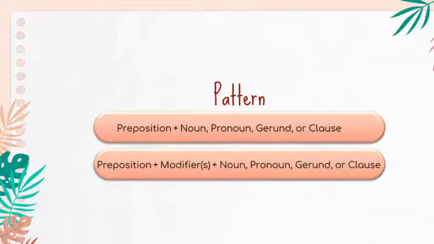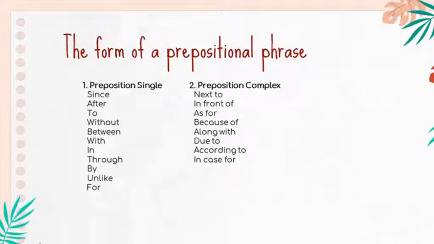And then the next pattern is preposition plus modifiers plus noun or pronoun or gerund or clause. And the next, the forms of a prepositional phrase are preposition single and preposition complex.